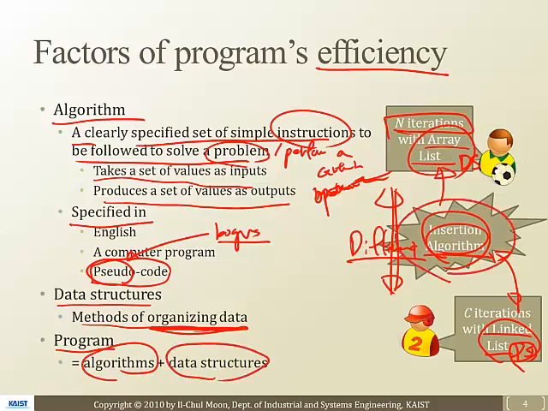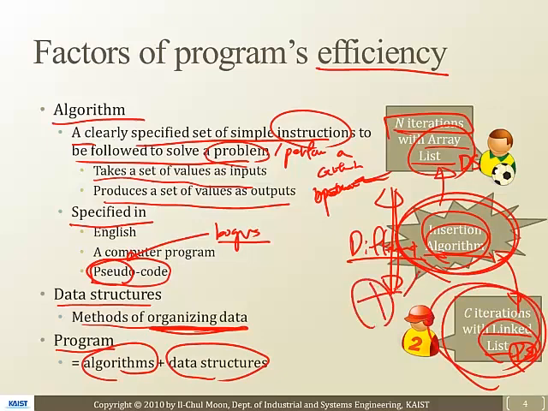These two things together become our program and software. Any big software, any big service software, is just a collection of algorithms and data structures, right? So it's simple as that.